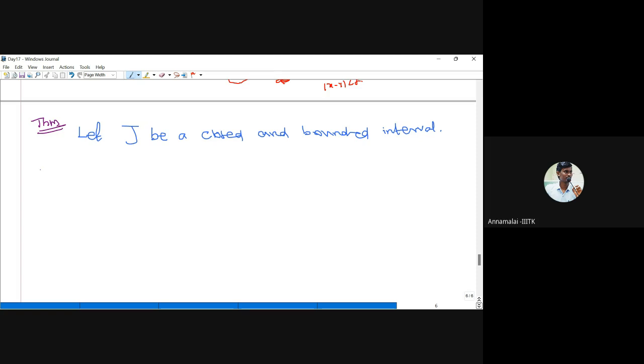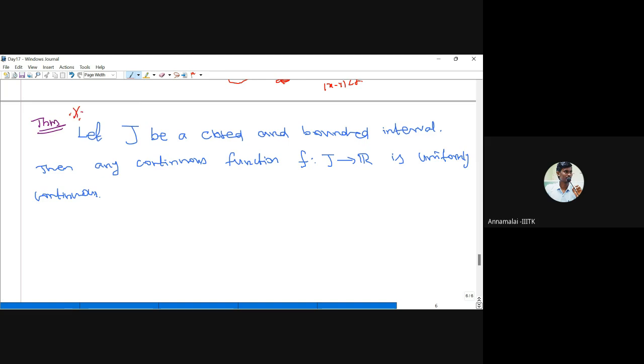Then any continuous function f defined on J to R is uniformly continuous. So a continuous function defined on a closed and bounded subset of R is uniformly continuous.